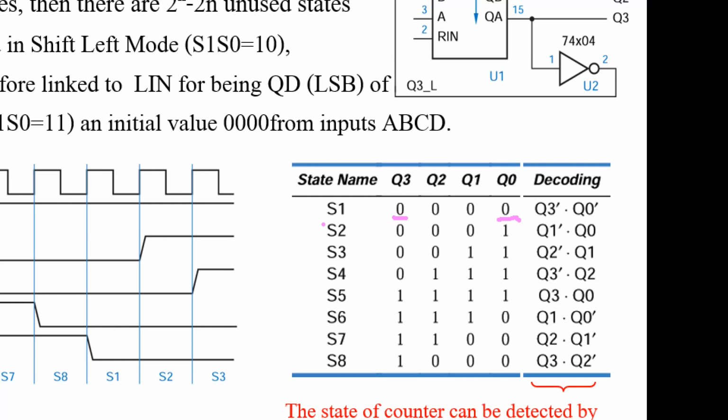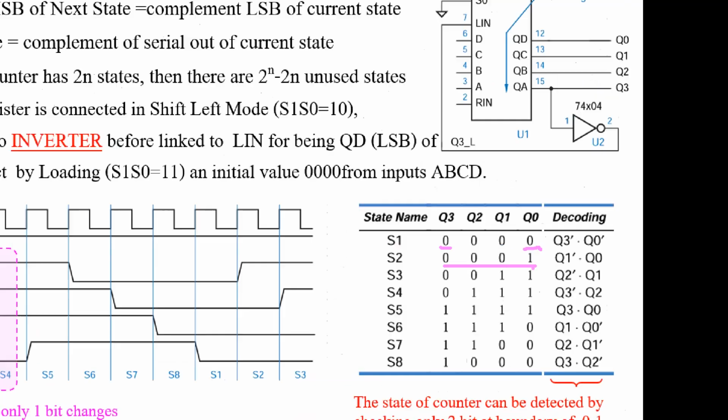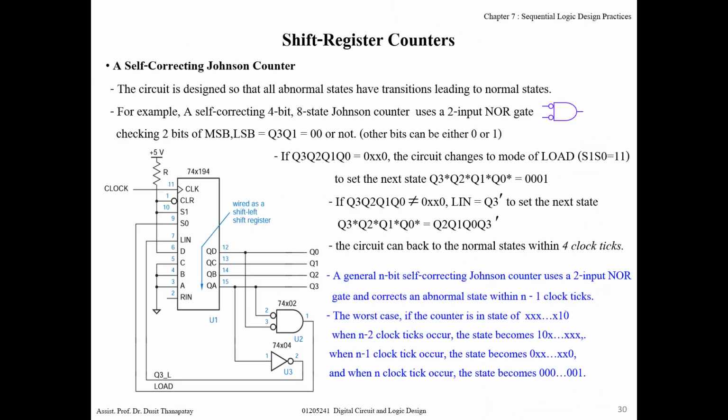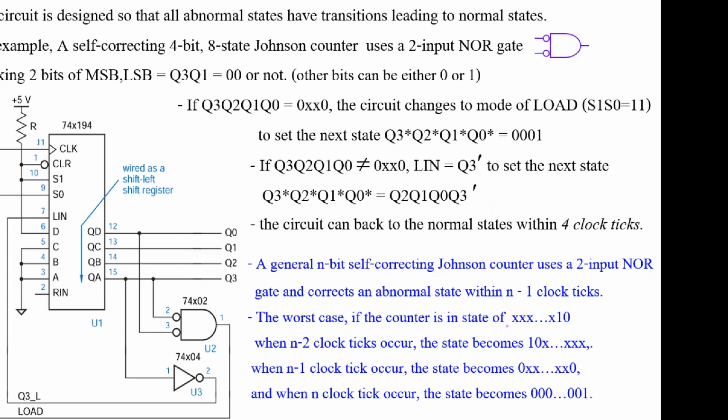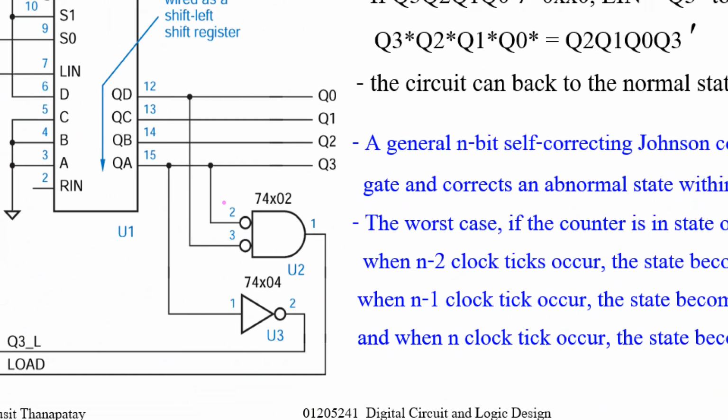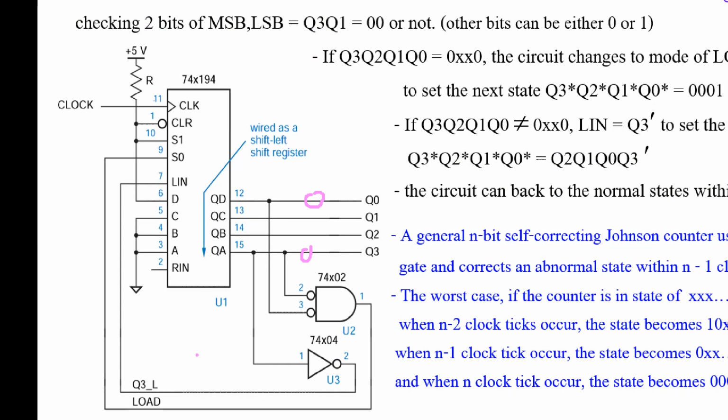Okay, this is S1. When the clock ticks, it changes to 0, 0, 0, 1, right? So from this one, let's check whether this bit is 0, 0 or not. Okay, if yes, then what? Load, right? If yes, this output will be 1, and that means A0 is 1.